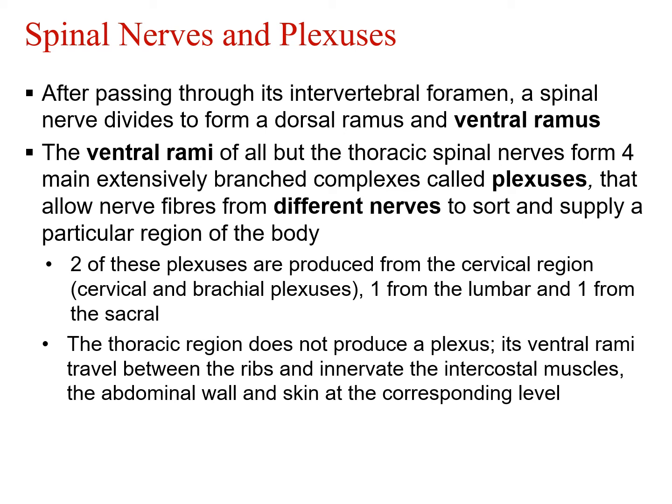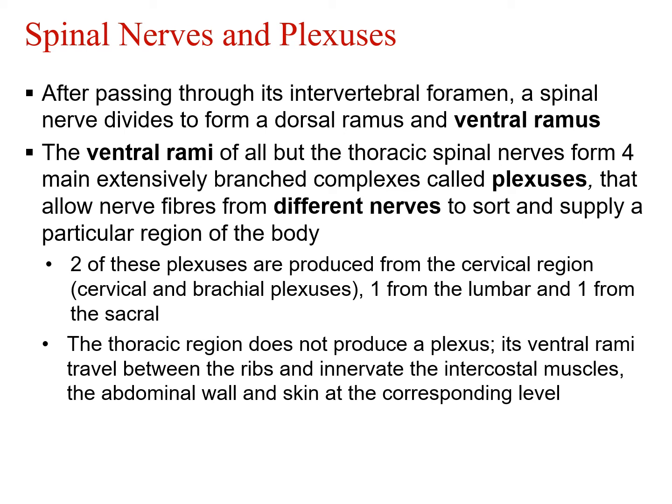Now the ventral rami from several spinal cord levels, with the exception of those at the thoracic level, will converge and mix extensively in structures called plexuses. So a plexus is a network, and it allows nerve fibers from different spinal cord levels or different spinal nerves to sort and then supply a particular region of the body.